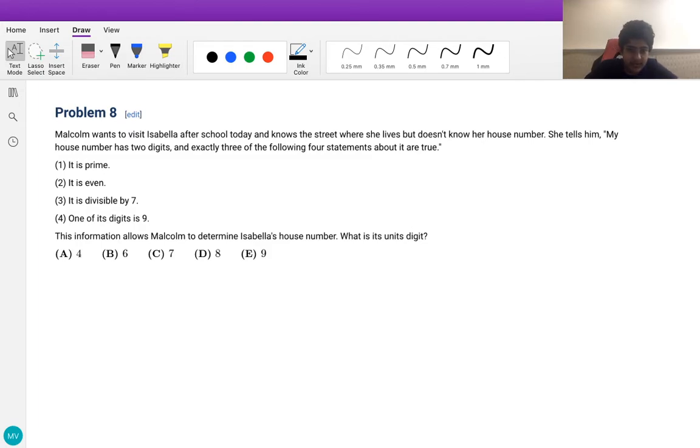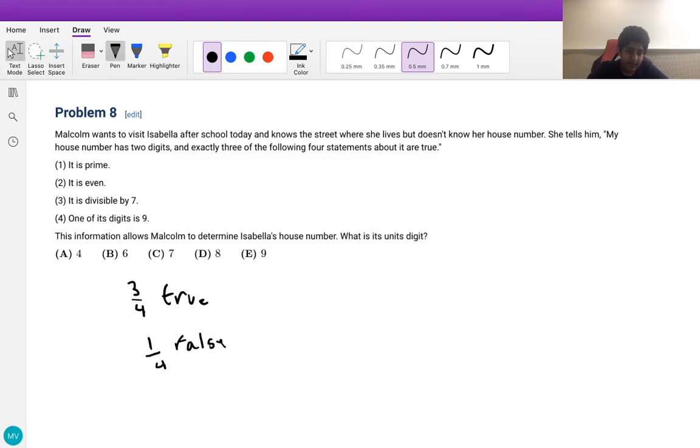So, since we know that 3 of the 4 statements are true, that means that 1 out of the 4 statements is false. And to find the false statement, we can just look at pairs of statements that contradict each other.